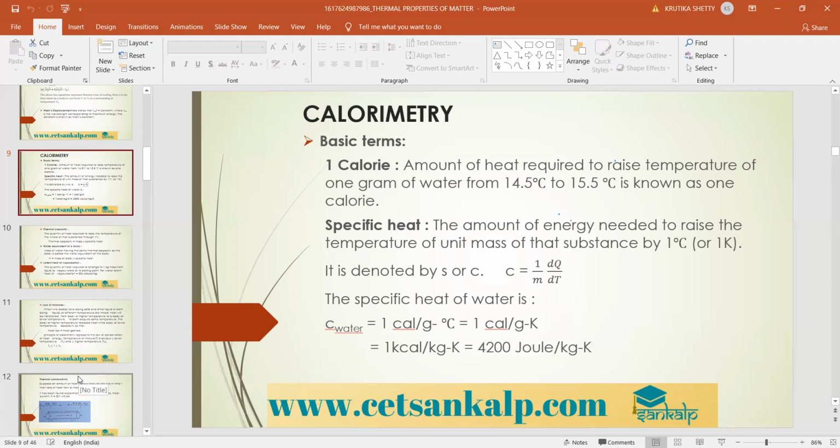It is denoted by C or S. Water has the highest specific heat capacity, with a value of 4,200 joules per kg per Kelvin. Actually, we round it to 4,200, or else the value is 4186. To calculate, we can take the rounded number, 4,200.